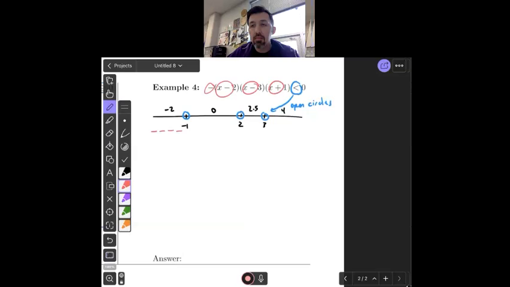So I've got 4 negatives there. That's a positive. I'm going to plug in 0, but I start off with that initial negative. 0 minus 2 is negative 2. 0 minus 3 is negative. 0 plus 1 is a positive. So 3 negatives and a positive is a negative.